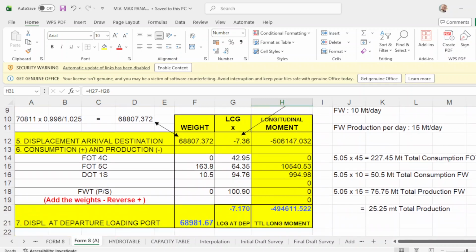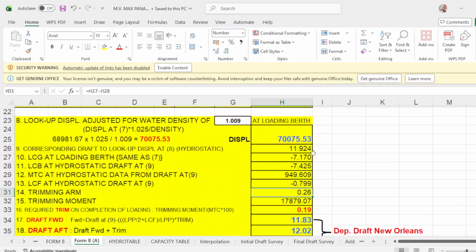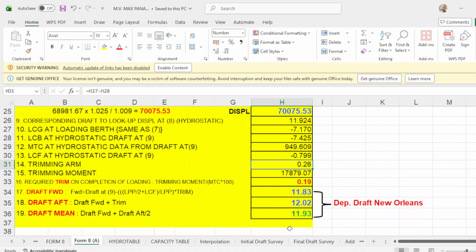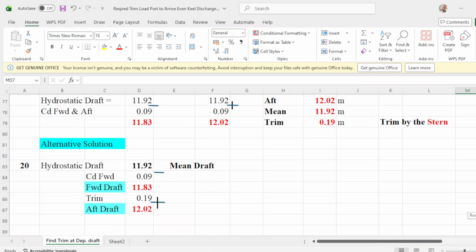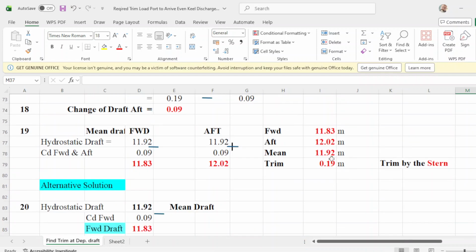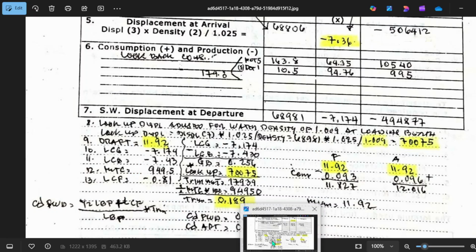This should be your main drop. Sorry, 11.92. But here you got 11.93 due to the mathematical operation. This should be 11.92, and the manual operation is 11.92.